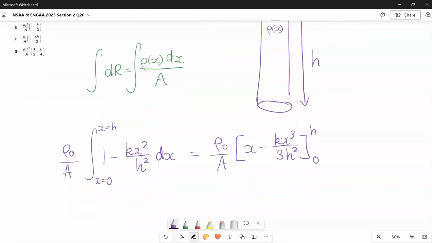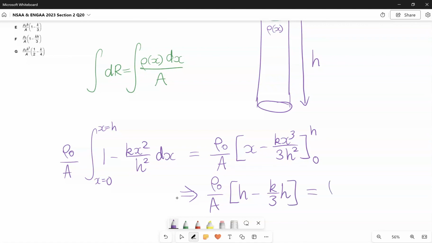When x is 0, if we put it in, you can see it gives 0. So we just need to worry about the x is h term. We get rho naught over A, and then h minus k over 3, h cubed over h squared, which is h.